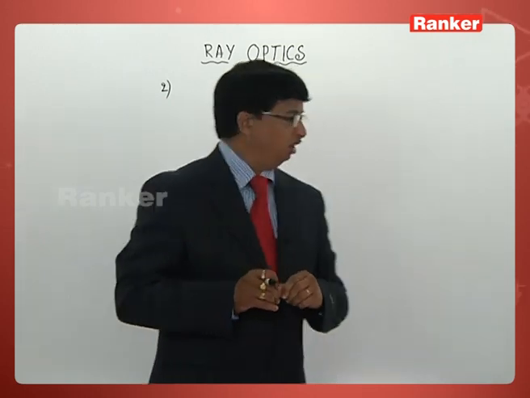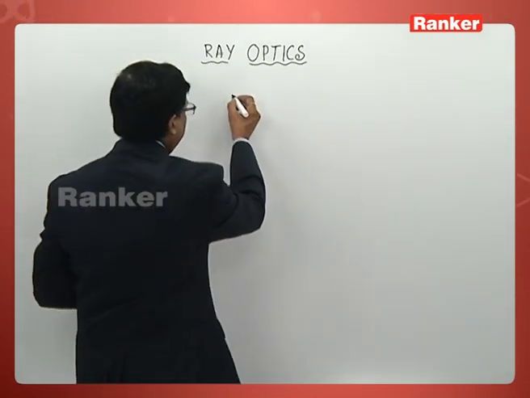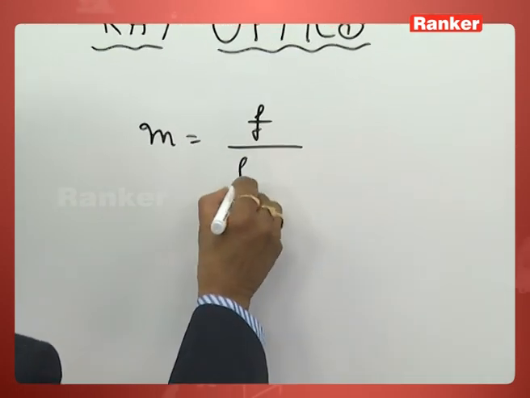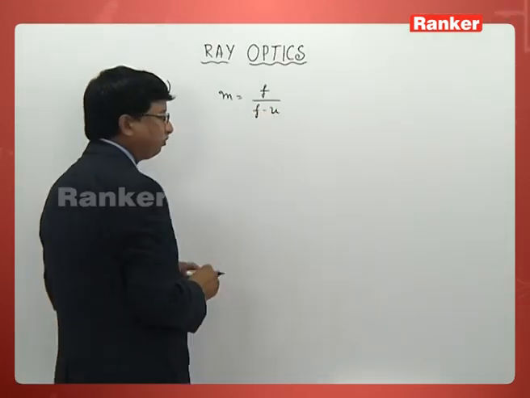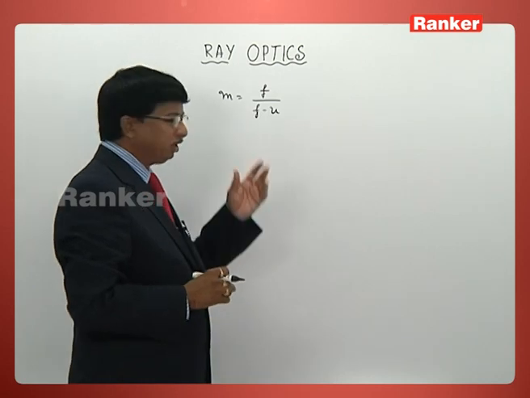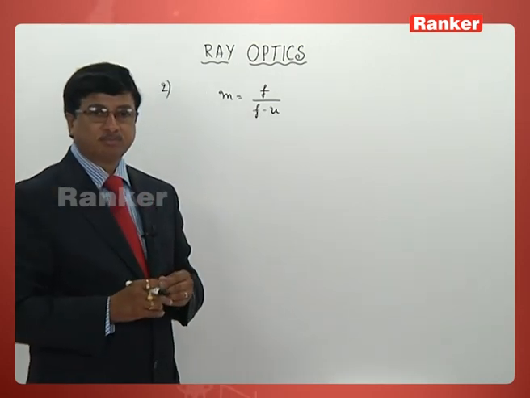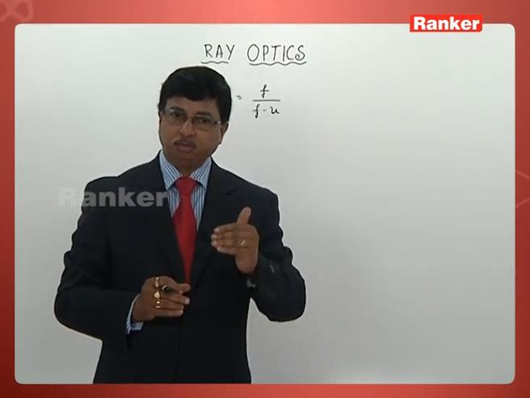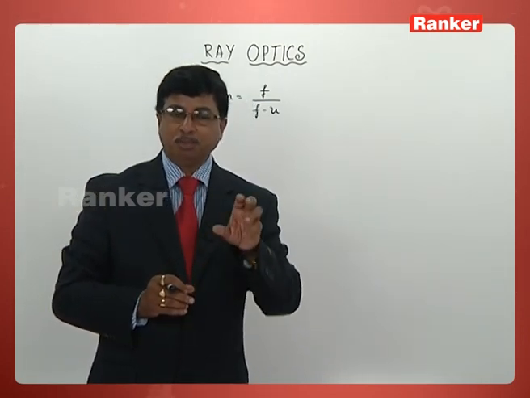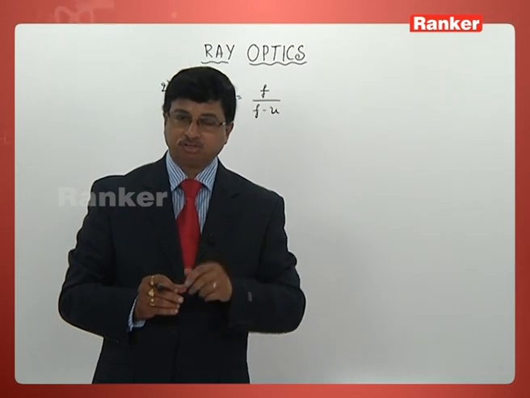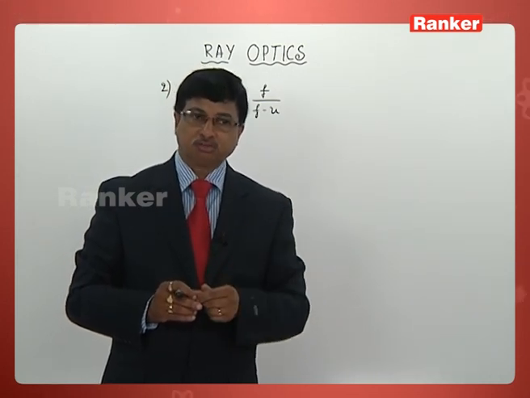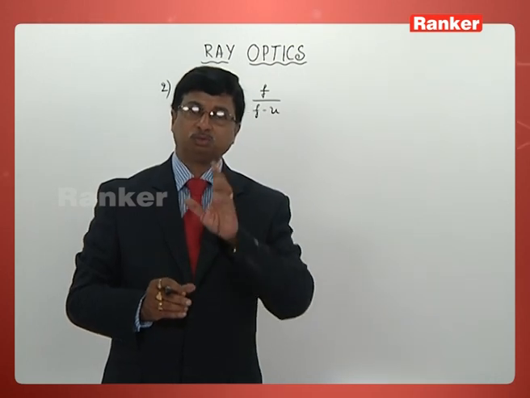Magnification is equal to f by f minus u, I can write. What you can definitely understand in this case is 1 by u plus 1 by v is 1 by f, fine. But magnification in this case is mentioned as 2. So magnification is 2 means v by u is equal to 2.